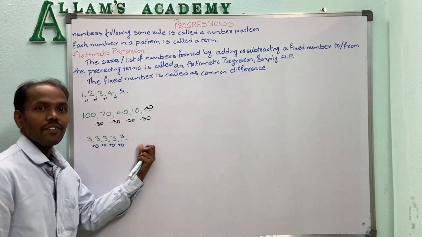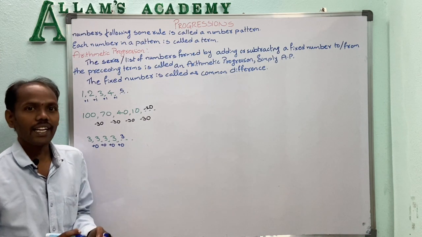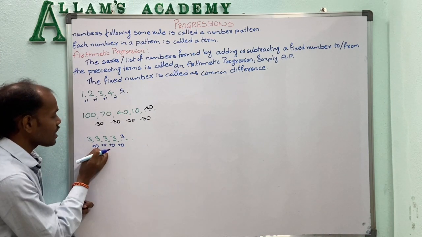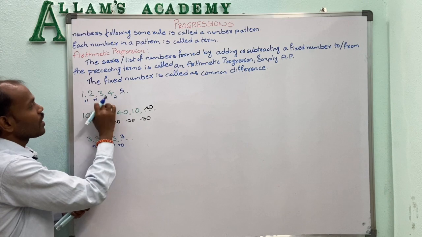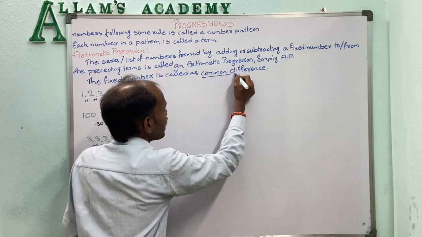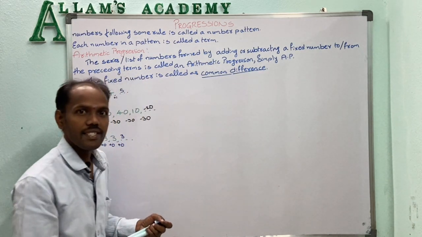In that way we can expect and write the series. The fixed number that we add is called the common difference.